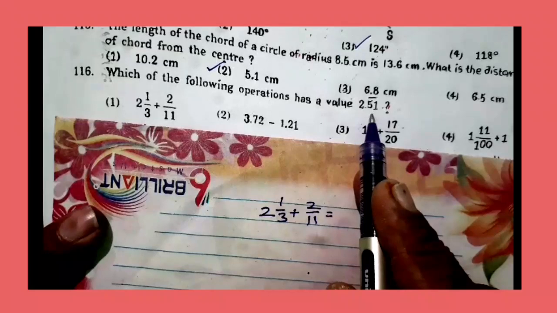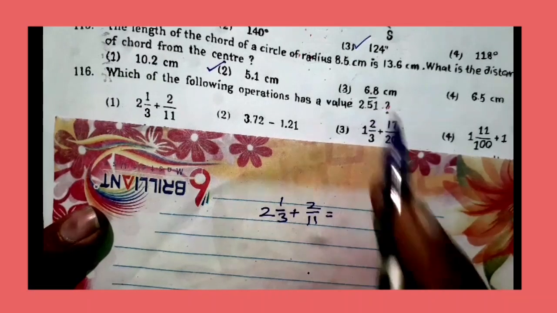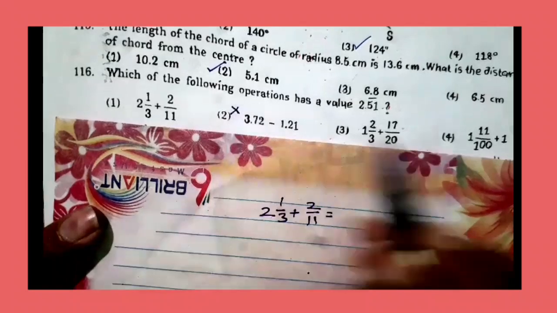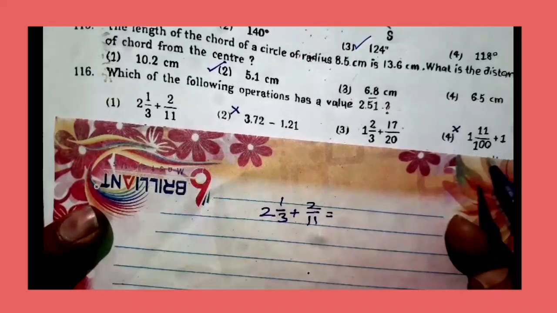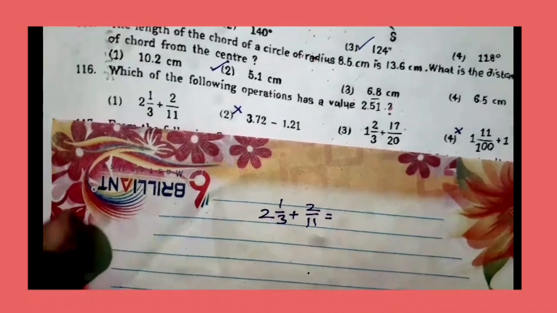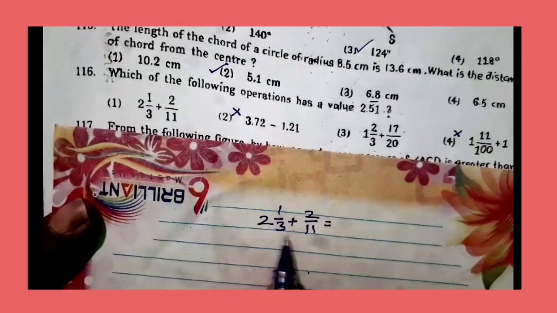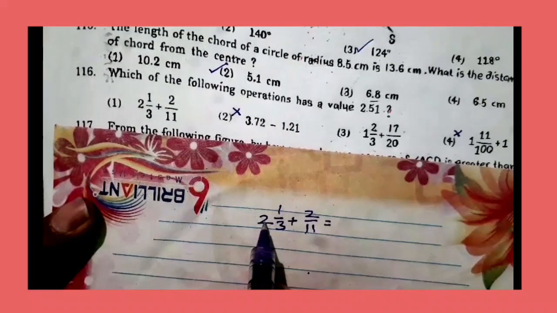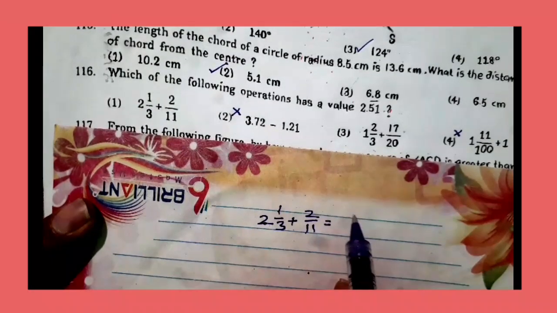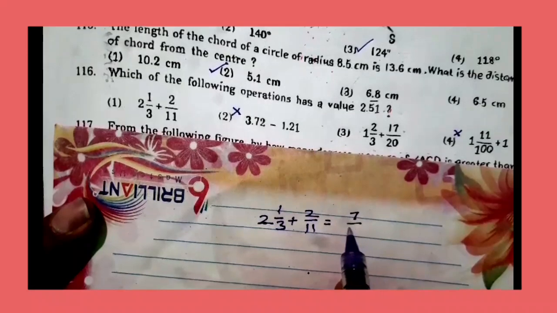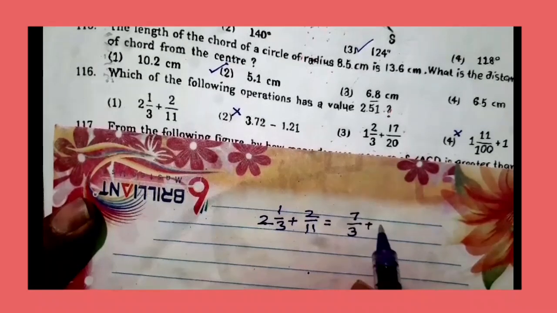To find the value of this, 2.51 bar, this is not because the denominator is not a prime number. So we can check from the first value. 3 into 2, 6 plus 1 is 7 by 3 plus 2 by 11.